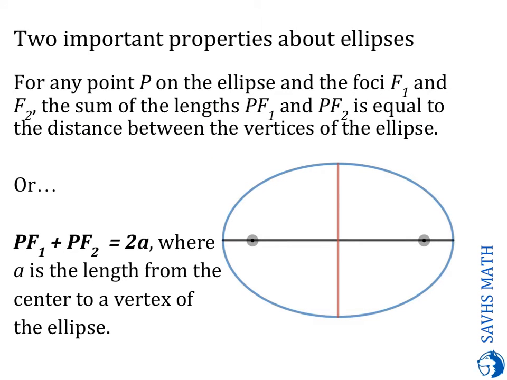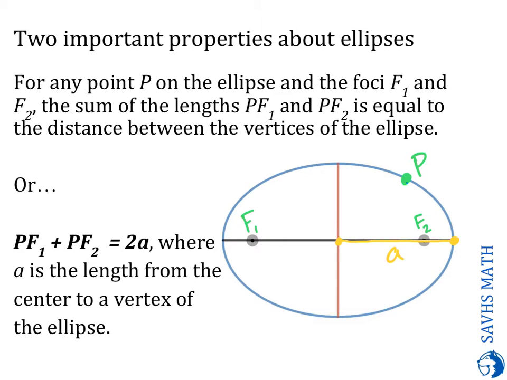Okay, so on this slide, I'm going to start with the bottom here, and I'm going to label the distance from the center to the vertices. I'm going to call this A. What you have to know about this slide is that if you pick any point on an ellipse, maybe that one right here, I'm going to call this point P. I'm going to call this point F1, focus 1, and this point F2, focus 2.